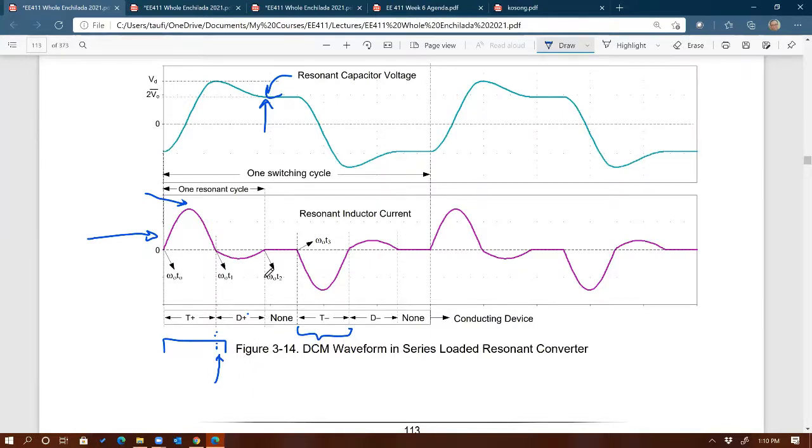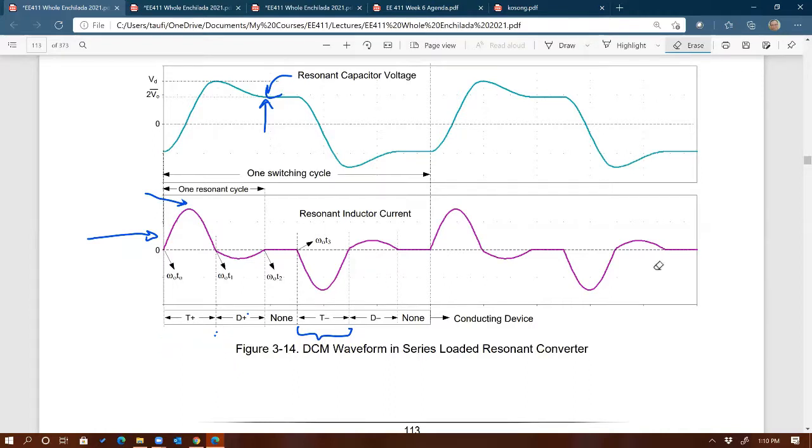So either the internal diode of the MOSFET is conducting or the diode D plus is conducting. Of course you want to improve efficiency by not using the internal diode of the MOSFET, so you use a faster MOSFET across that switch. Is that good, Professor?